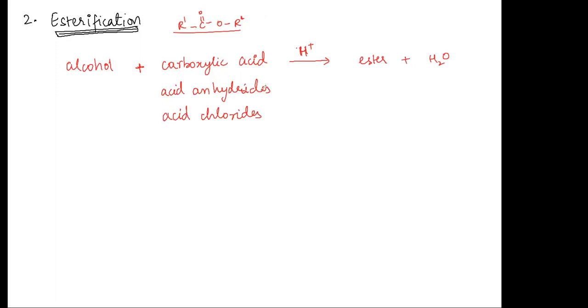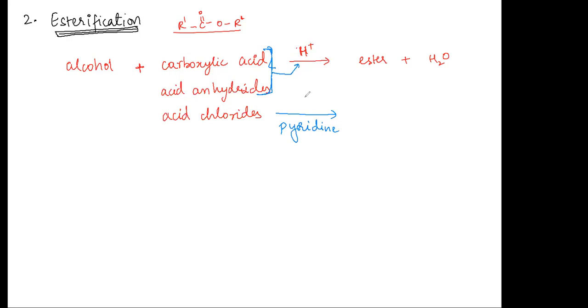The same reaction you can do with all three reagents. The catalyst will vary. For carboxylic acids and acid anhydrides, you will need an acidic medium, and for acid chloride, you will need a basic medium. Usually pyridine is taken as the catalyst here.